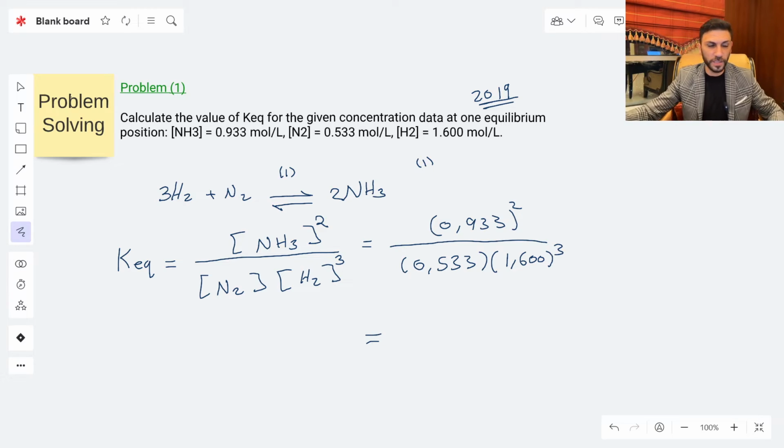And using the calculator now, you will find the answer. It's going to equal 0.398, or it equals 0.4 if you round it. So this is the K equilibrium for this reaction.